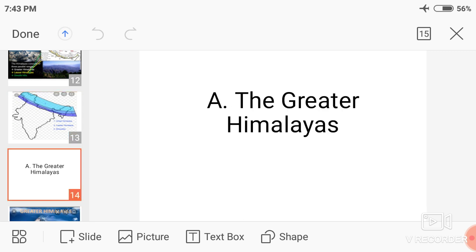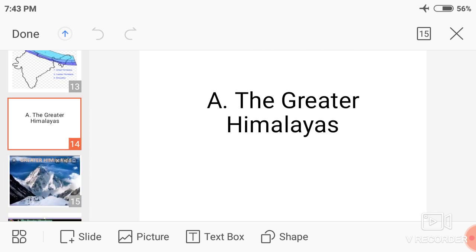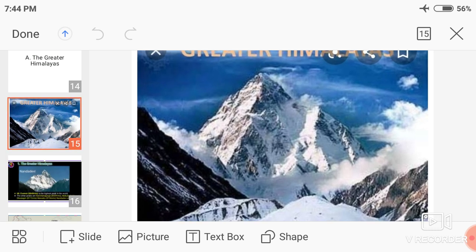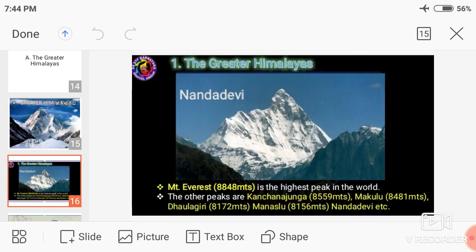Okay, dear students, the first we discuss is the Greater Himalayas. The Greater Himalayas are the innermost, continuous, and highest mountains in the world.